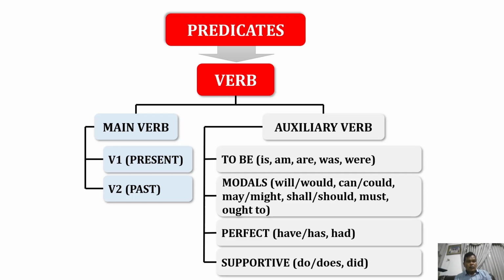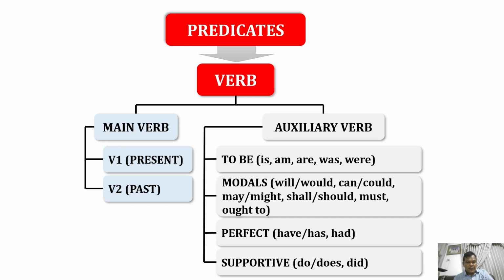Among these four kinds of verbs, only two can function as predicate: verb 1 and verb 2. In other words, verb 3 and verb ing are not predicates. Once again, only verb 1 and verb 2 are predicates, while verb 3 and verb ing are not predicates.